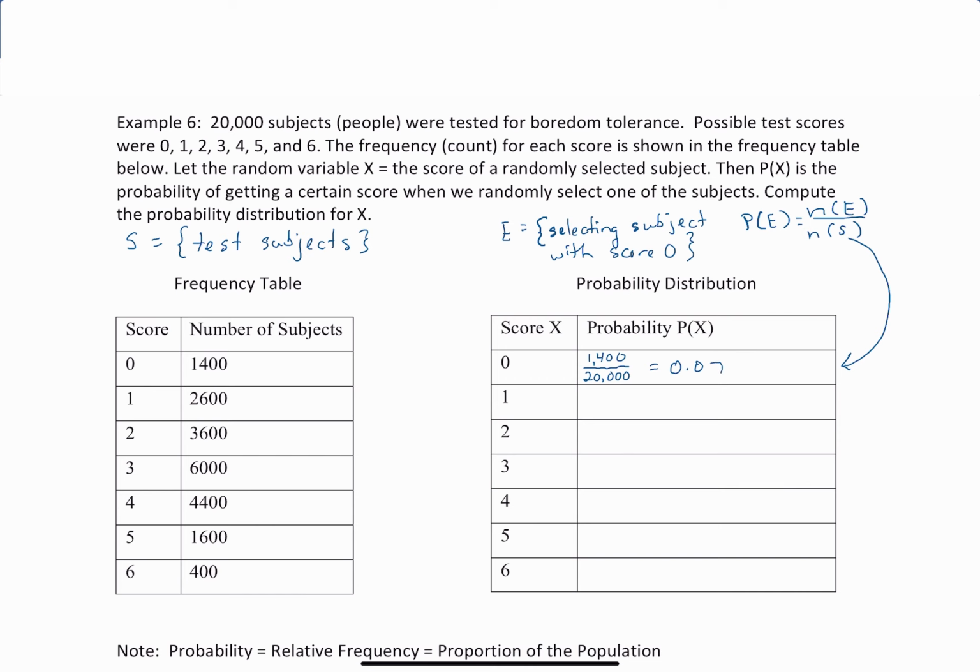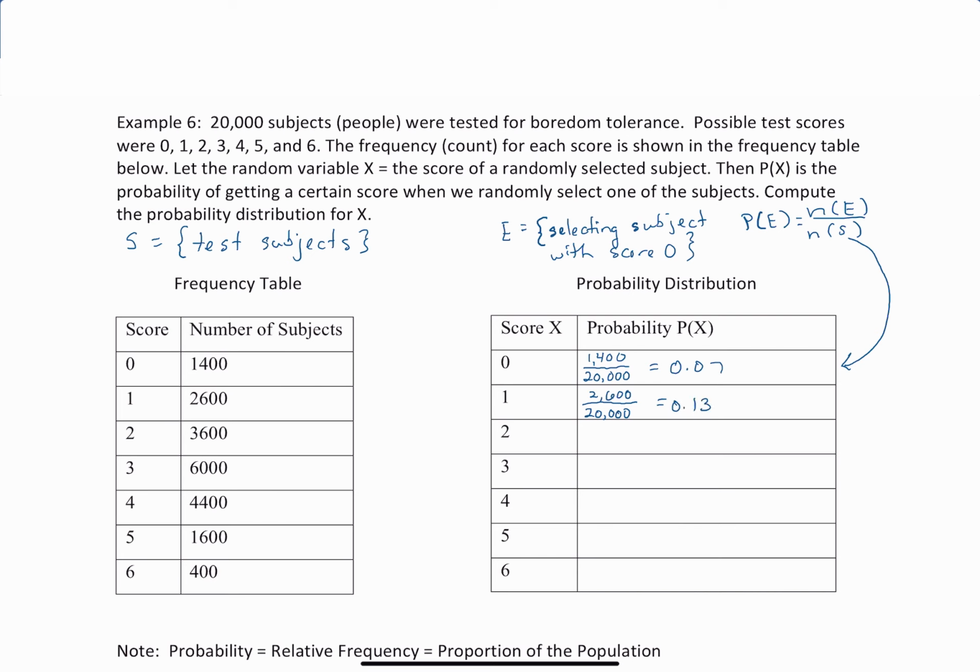For line 2, the event I'm thinking of is selecting a subject with score 1. The probability of that happening is taking the 2,600 people in our sample space that had that score, divided by the total number of people in our sample space. Of course, we use a calculator, so we get 0.13.